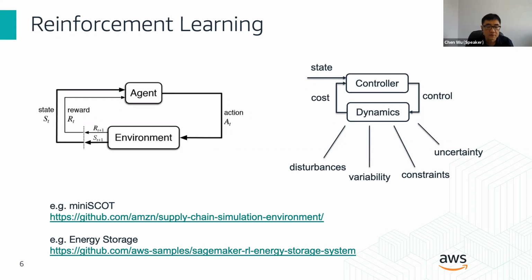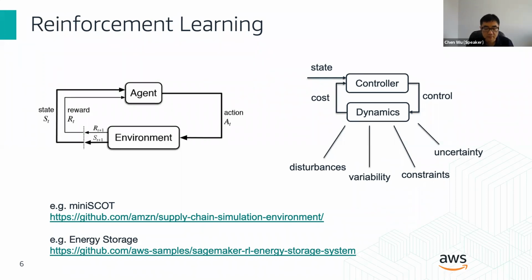Amazon has recently open sourced a supply chain simulator, so essentially you can simulate rather complicated supply chain networks, and then train your agent to take various actions, such as keeping inventory levels and moving items from the warehouse to the fulfillment center before the order comes in. That's one very interesting open source project you might want to have a look at.